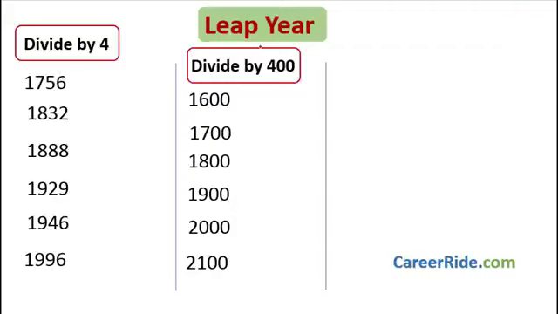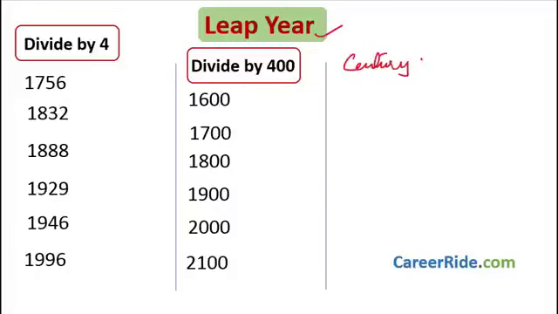Now, the next important thing for us to know is whether a given year is a leap year or a normal year. And how do we do that? See, whenever some years are given to you, you can divide them into simple years like 1756, 1832, 2001, 2002, and the others would be century years.